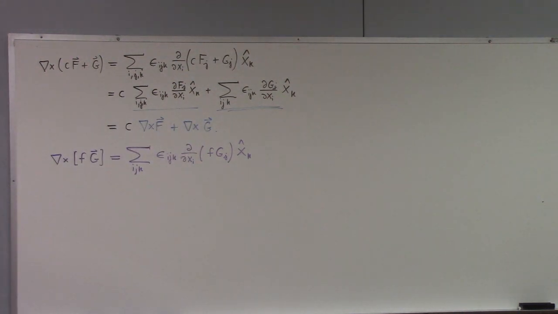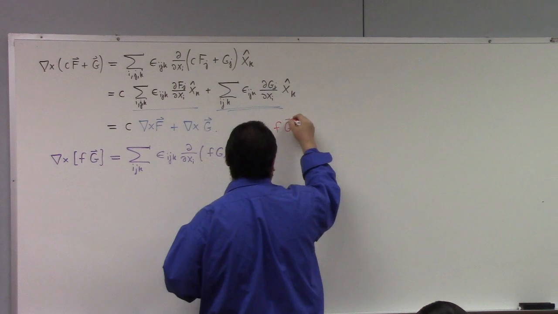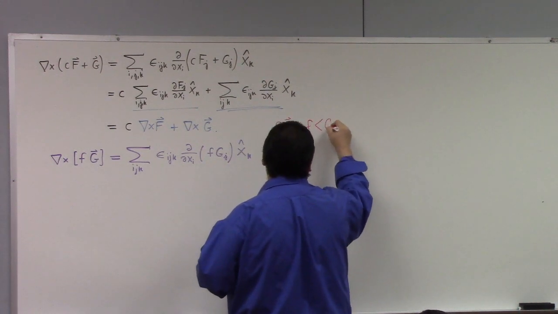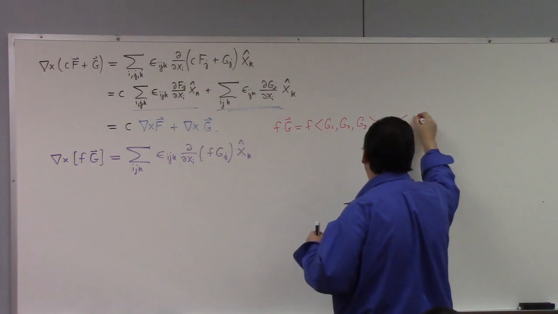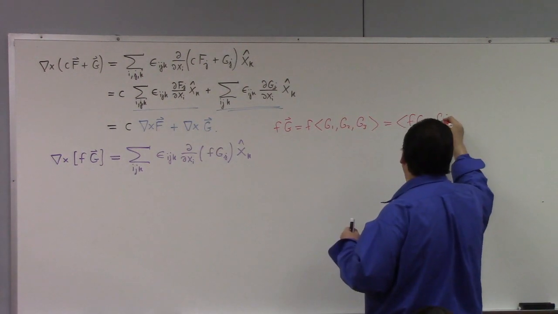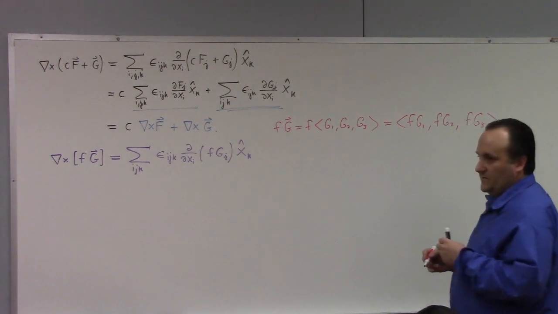I'm telling you that if we multiply a function times a vector, a function times g, how does that work? I'll do it out explicitly here for a second. That looks like what? That's fg1, fg2, fg3, if I go back to the brute force notation for a second.